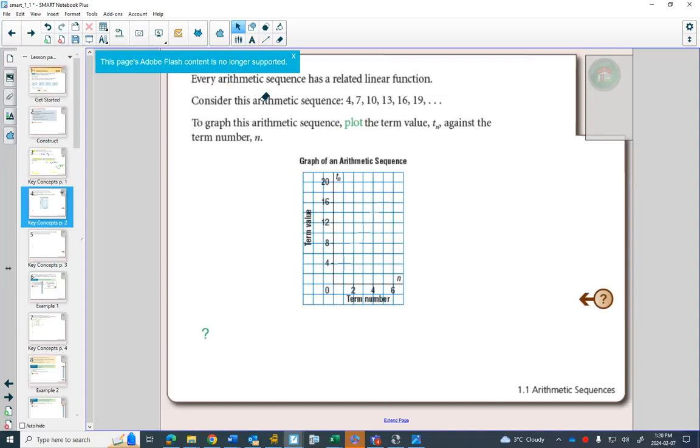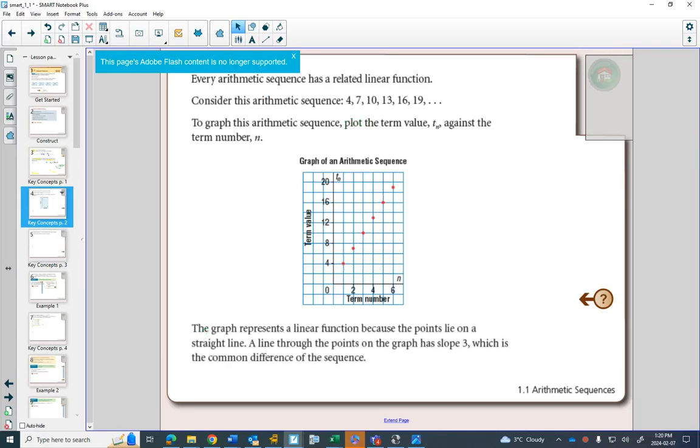And if you plotted everything on the graph, it would make a straight line, and this is connected to something you did in grade 10 math, right? We already talked about our formula being 3n plus 1. Can you see that this is very similar in form to y equals mx plus b? But instead of y, we have a term. Instead of x, we have n.